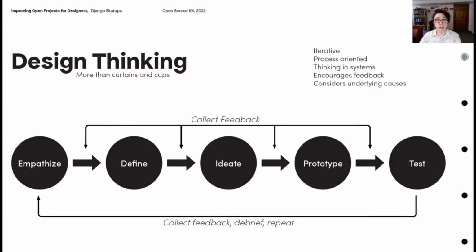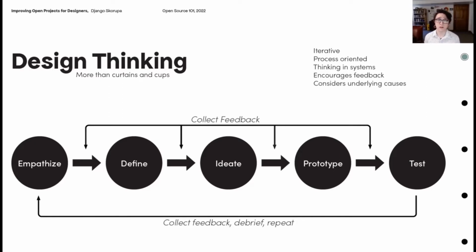So what does that look like? Well, design thinking is an iterative process that moves from empathy to definition to ideation to prototyping and to testing, and then back all the way to the beginning again, iterating as much as you can, collecting feedback at every step of the process. By doing that, it becomes itself process-oriented.